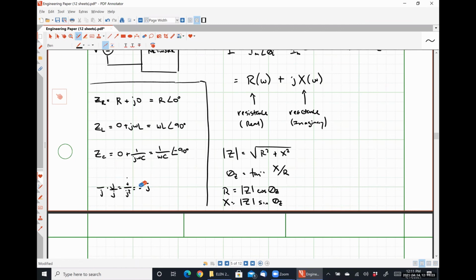So just to be clear here, we could also express this as 0 minus j divided by omega C, which is still going to give us 1 over omega C with an angle of negative 90 degrees.